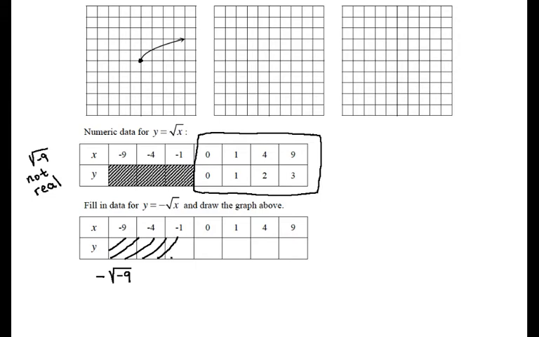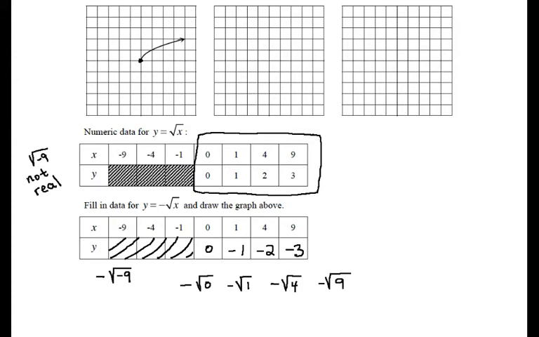The function is still undefined for all of these. Negative square root of 0 is still 0. Negative square root of 1 is going to be -1, since I would take the square root of 1 first and then apply the negative. Negative square root of 4 is going to be -2, and negative square root of 9, -3.